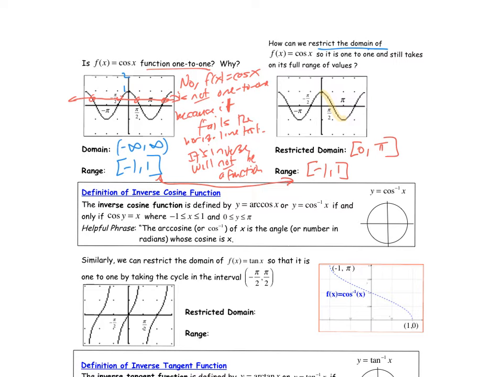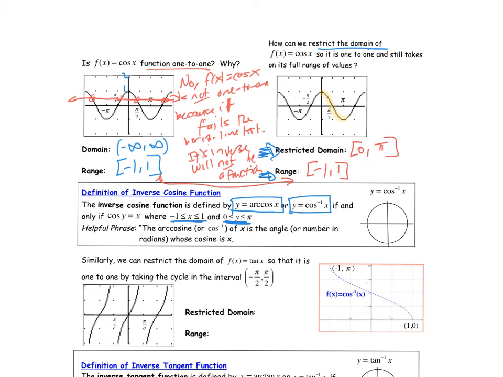So the inverse cosine function is defined as y equals arc cosine x or y equals cosine inverse x. Those are equivalent notations. I expect you to be comfortable with both. If and only if cosine y equals x, and the inputs are going to be -1 to 1. Those are the range of the original function. The outputs, y goes from 0 to pi, the same as the restricted domain.